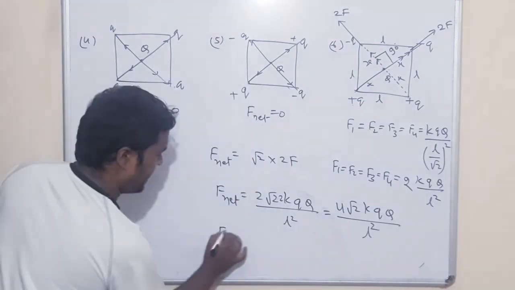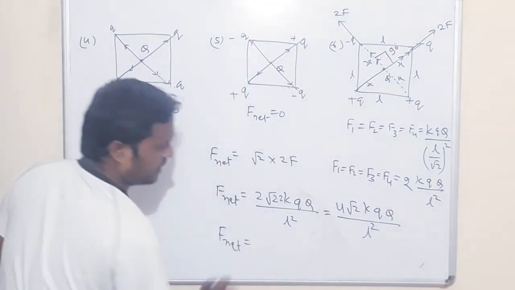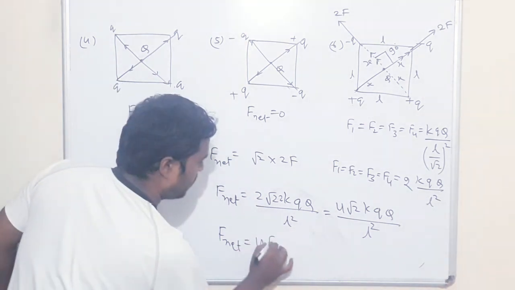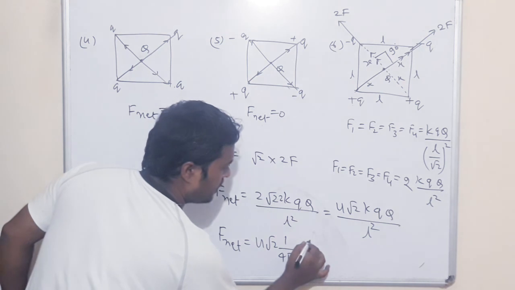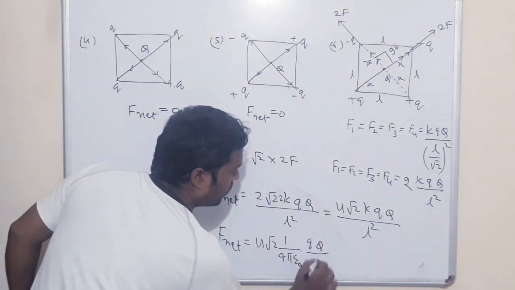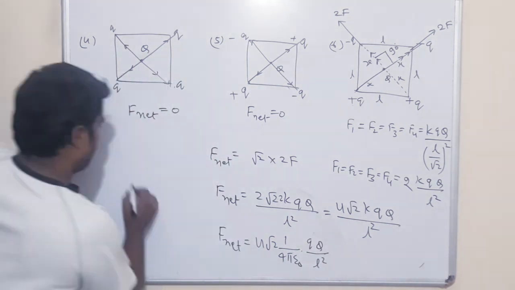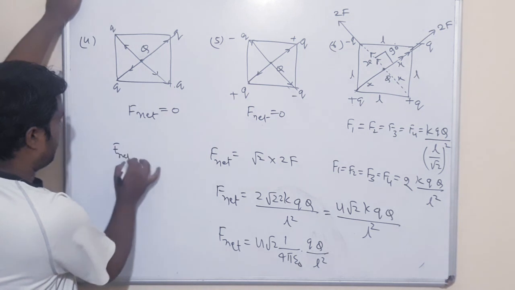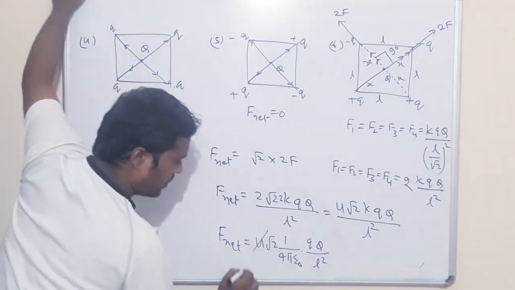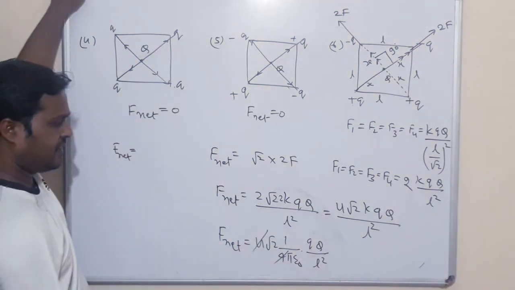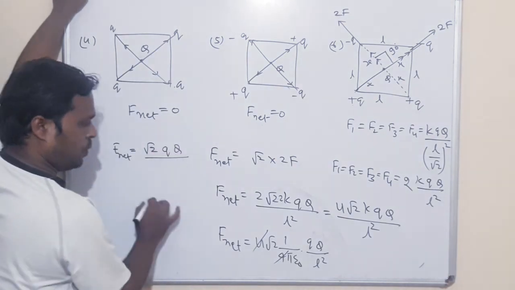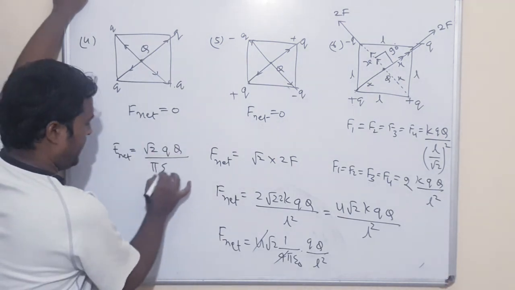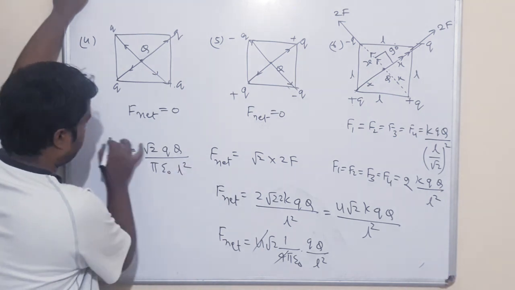If you want to replace k by 1 by 4 pi epsilon naught, then this is 4 root 2 times 1 by 4 pi epsilon naught, small q capital Q by L square. Finally I can write this as F net is equal to, if you want to simplify, cancel it like this. This will be root 2 small q capital Q divided by pi epsilon naught L square.